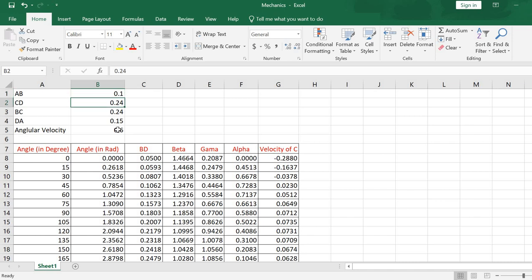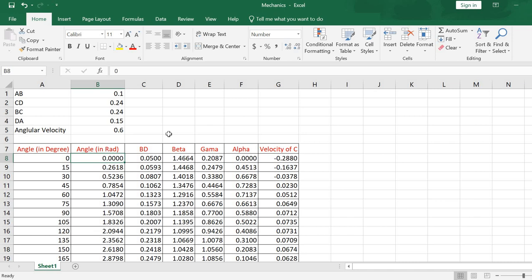It's in meters in SI units, as well as the angular velocity. I have used 0.6 radians per second. The main thing is, actually I don't know how to use this equation directly with theta in degrees, so I have changed into radians.